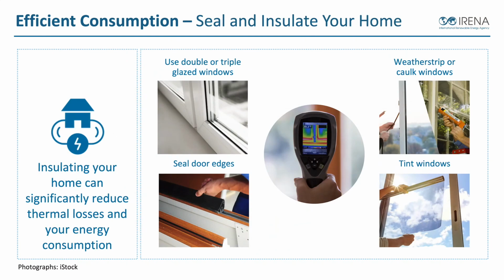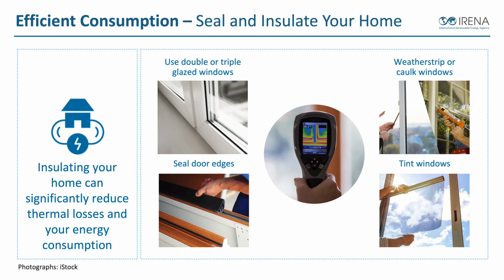Another thing to think about, other than our appliances themselves, is what we call our building envelope. So we can seal and insulate our homes in better ways. And there's a number of ways to create a more insulated home. If we're using a lot of air conditioning or heating, we might be losing a lot of that air conditioning out through gaps in our windows, under our doors, or through old or less insulated windows.